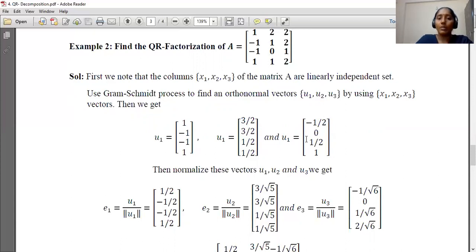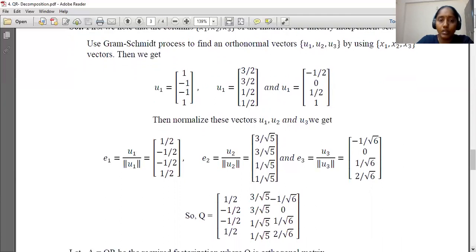After that, normalize the vectors, that means divide a vector by its length. Here the length of the vector u1 is square root of 4, that is 2. Just divide by 2.